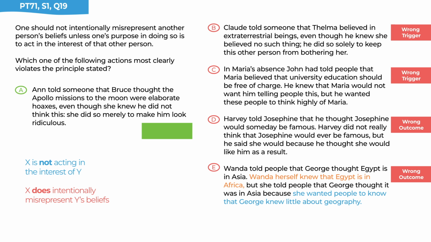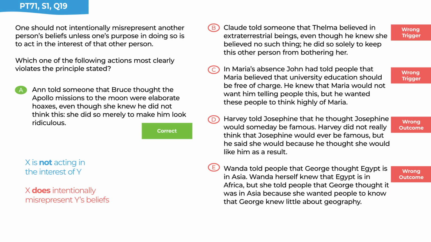She might be correctly representing George's silly belief that Egypt is in Asia. Since we don't know whether or not George actually believes Egypt is in Asia, we can't tell whether she's misrepresenting his belief or correctly representing it. Thus, this answer does establish the blue trigger, but it's not clearly delivering that red outcome. So A is our correct answer.